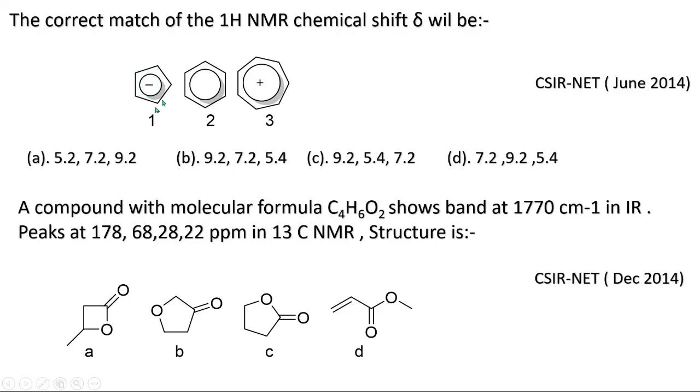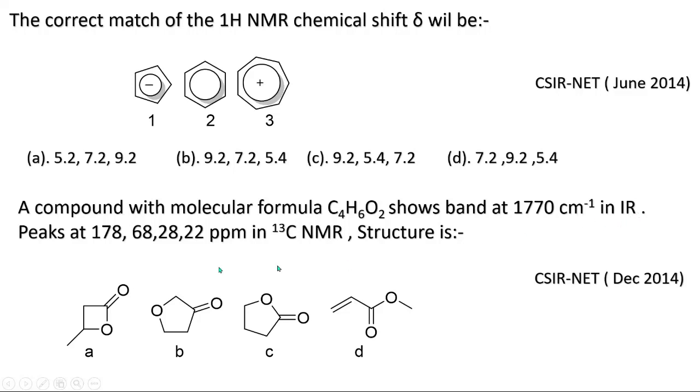So this has 5 carbons, this has 6, this has 7 carbons. Whichever carbon has the maximum electron density will be in the shielded region and come at the lowest chemical shift value, and it will come moderate, and it will come at the highest chemical shift value. So from this we can say this will come at 5.2, this will come at 7.2, and this will come at 9.2.